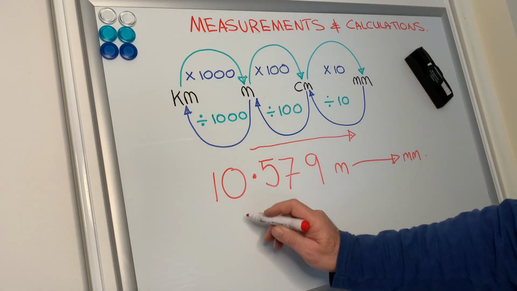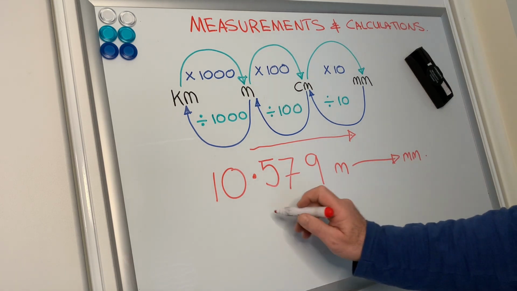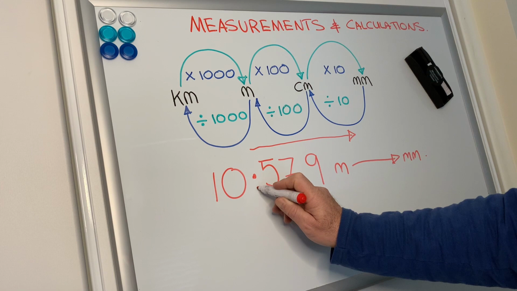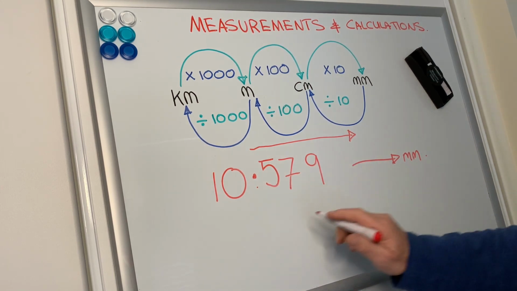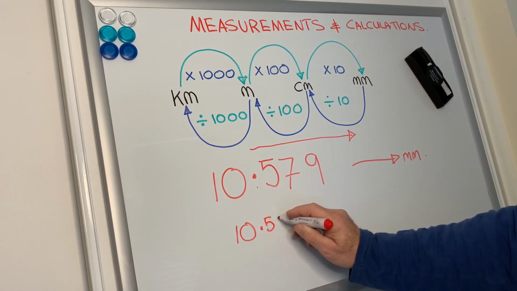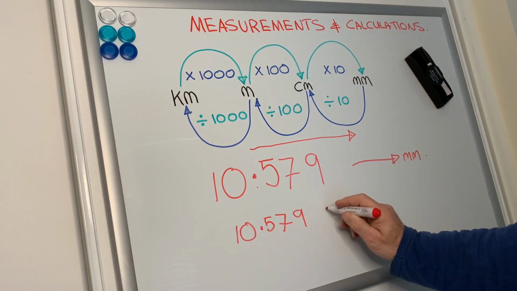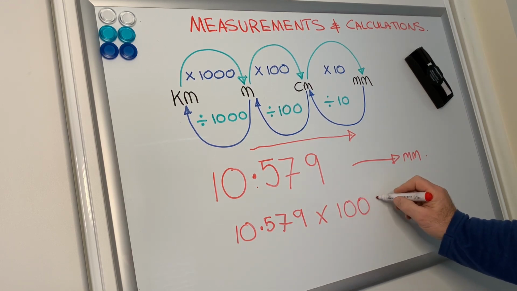So if we looked at 10.579 meters into millimeters, we're going to go from that decimal point, so we're going to multiply 10.579 multiplied by 1000.